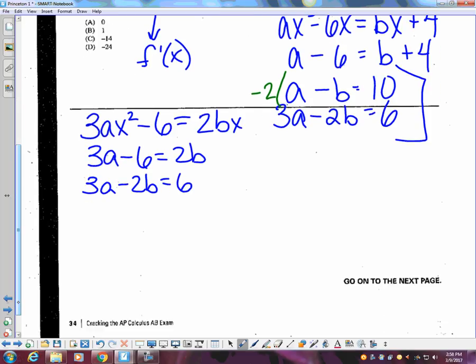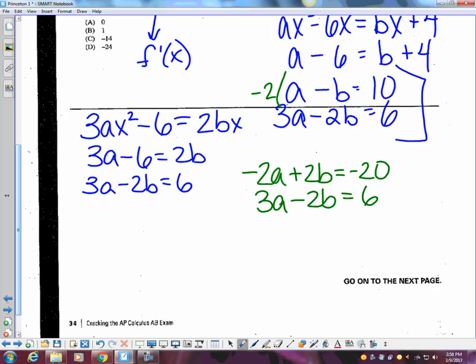Okay, so I've got a negative 2a plus a 2b equals a negative 20, with a 3a and a minus 2b and a 6. Do y'all remember this? The b's cancel, which was the whole point of what we were doing.